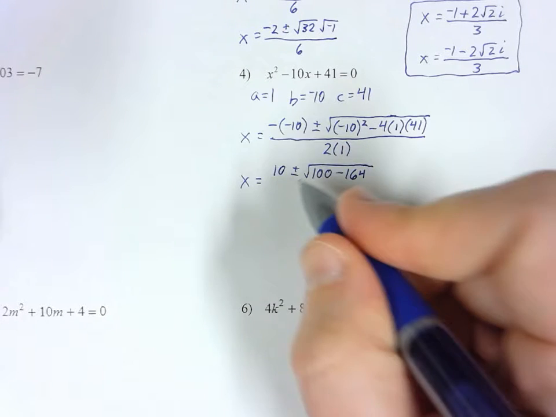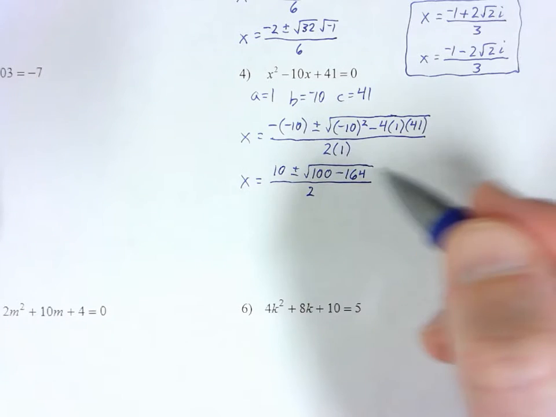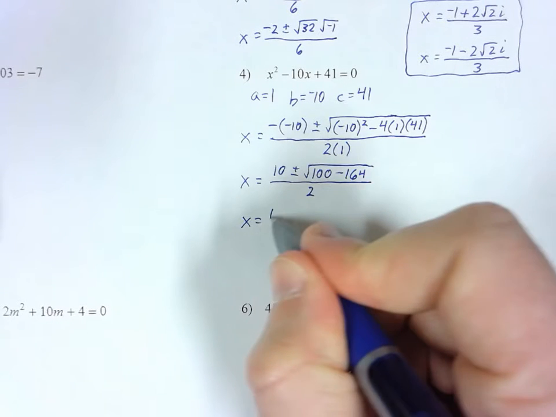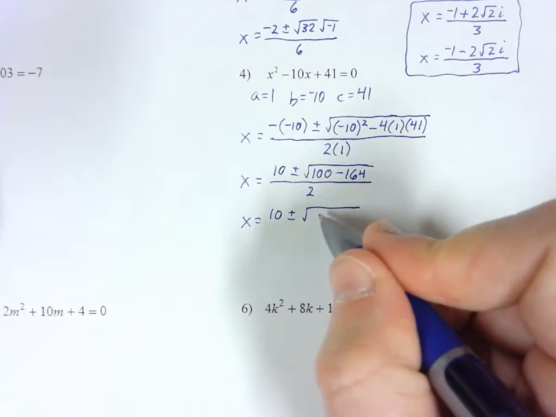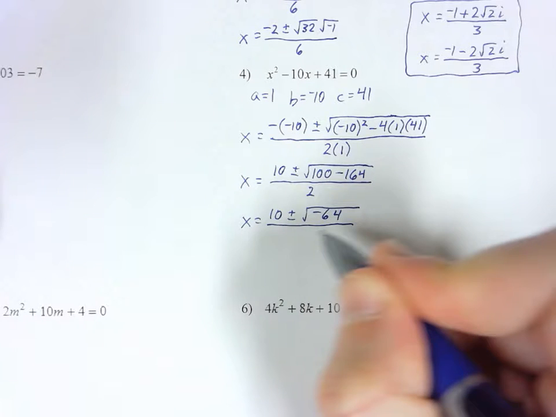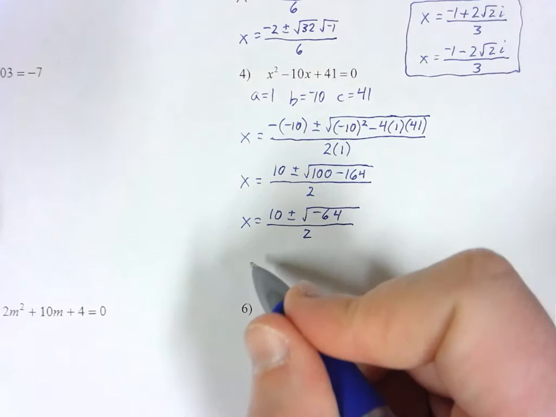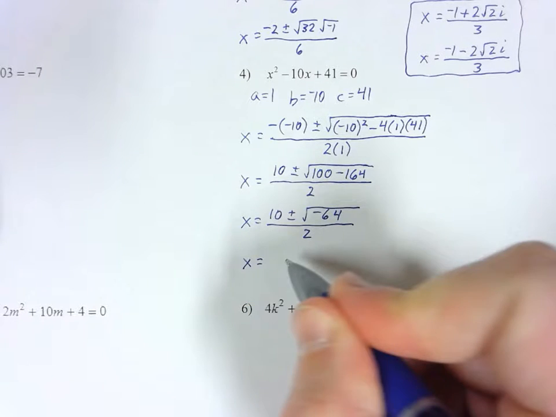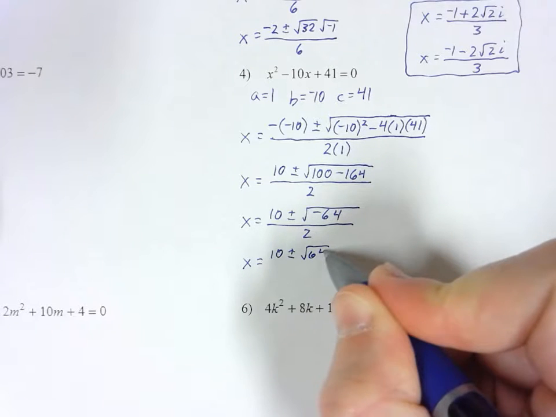On the bottom, 2 times 1 is 2. Still need to do the subtraction inside the square root. So 100 minus 164 is negative 64. So now I need to simplify square root of negative 64. First step, take out the negative 1, square root of negative 1.